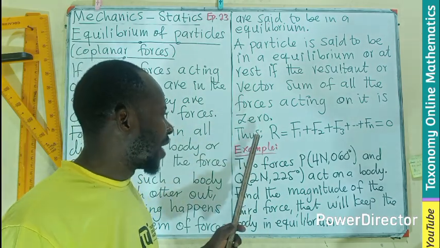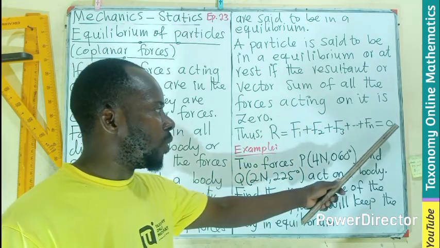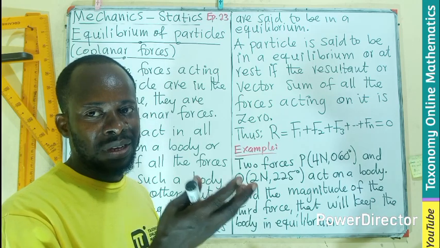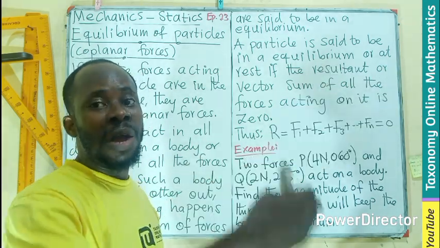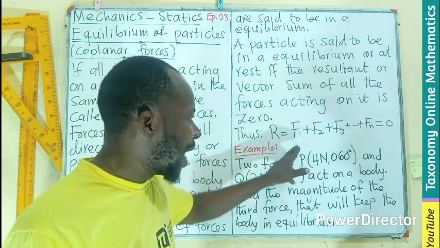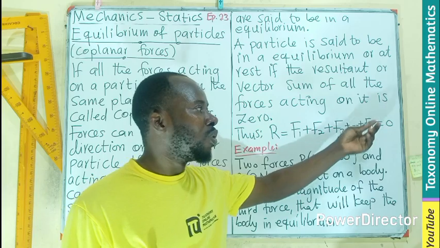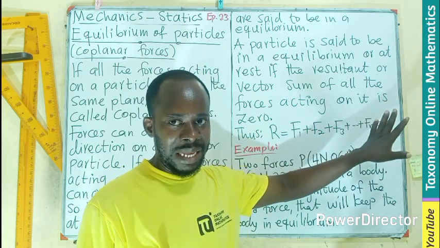All right. So thus, the resultant of that force is going to be equal to zero. Remember how you find the resultant of all forces. If we are looking for the resultant, you add all the forces together in vector column form. But in this case, if you add all these forces, 1, 2, 3, up to any number given to you, your result is going to be zero. I think that is clear.